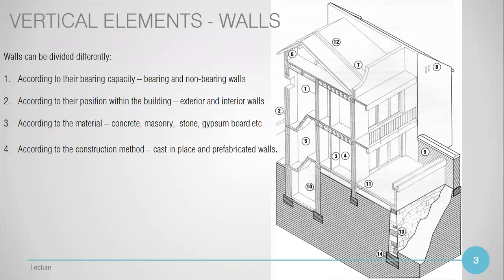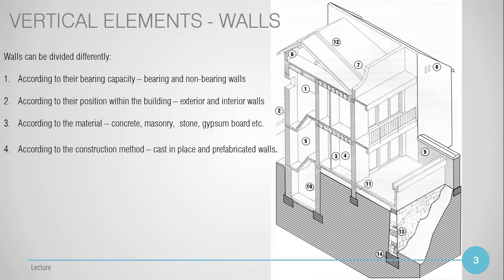Their dimensions vary: 25, 20, 12 or 10 centimeters, maybe 30, 40, and so on. So there is a big variety of thicknesses. That's all according to the thermotechnical calculation and the special requirements for those buildings.